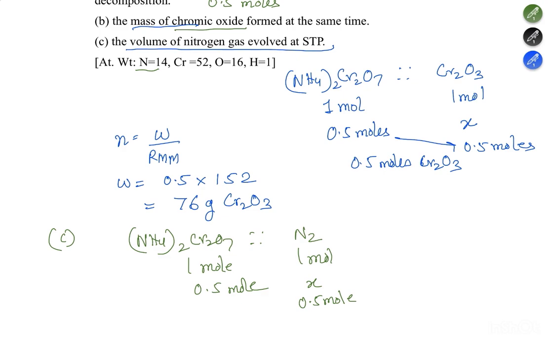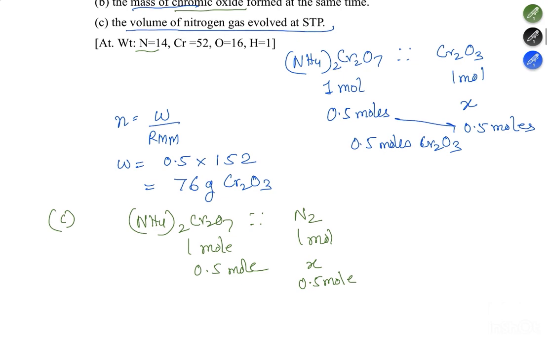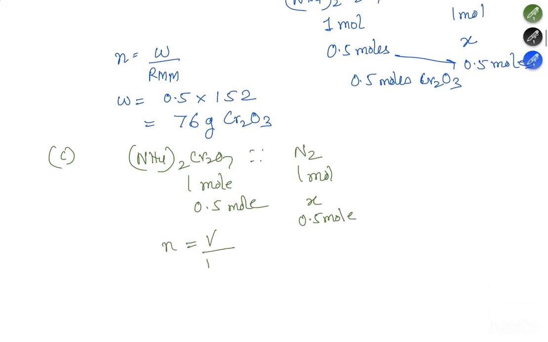But here you have to calculate the volume of the gas. We know the moles of the gas, so we can apply the formula: volume equals moles multiplied by the molar volume. That is 0.5 multiplied by the standard volume, 22.4 liter, and you can multiply easily and get the answer, which is 11.2 liter.